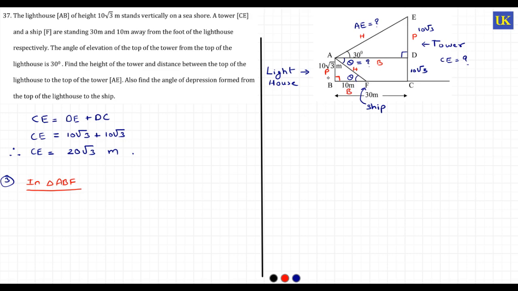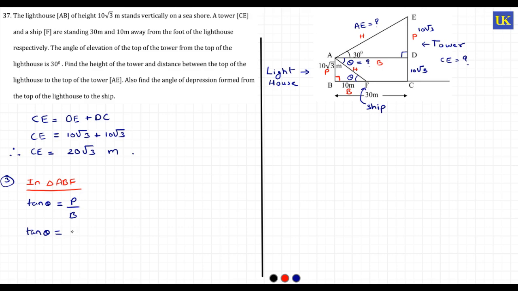So we'll take two known sides and try to find the unknown theta. That is the logic. We know the base and perpendicular, so we can take tan theta, because the formula is perpendicular upon base.